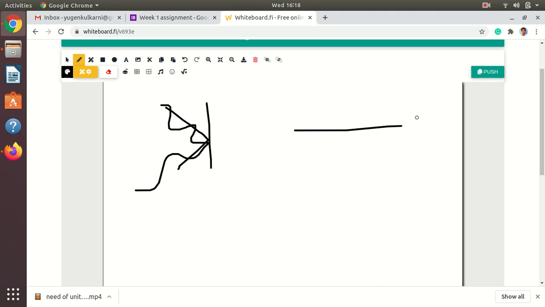Suppose here is n1, the refractive index of material 1, and n2, the refractive index of material 2. I have taken this in general, so n1 and n2 can be different. It can be air-water, air-glass or water-glass, any two media. So the wave can be bent. This can be explained using particle nature as well as wave nature.